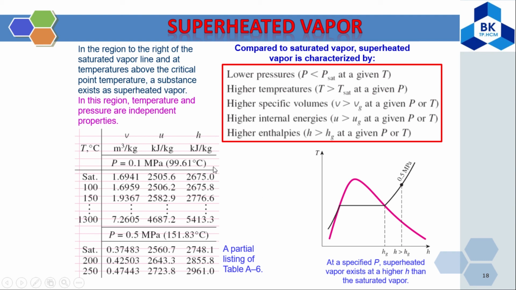Look at this table. You can see that at one temperature we have different pressures, and for each pressure we get properties like the specific volume, the specific internal energy, and the specific enthalpy. Okay, this is a partial list of table A6.